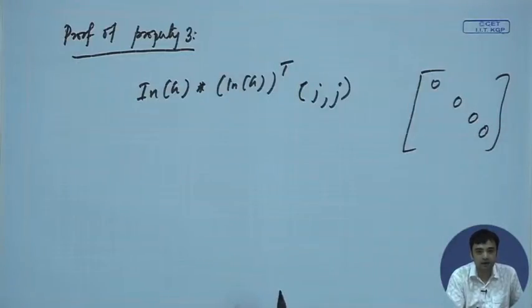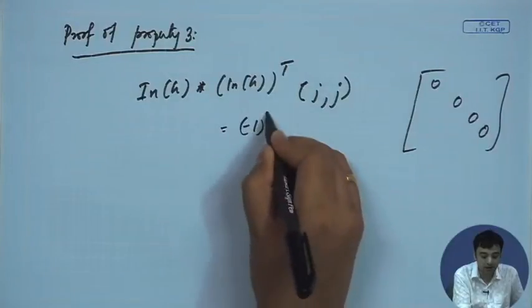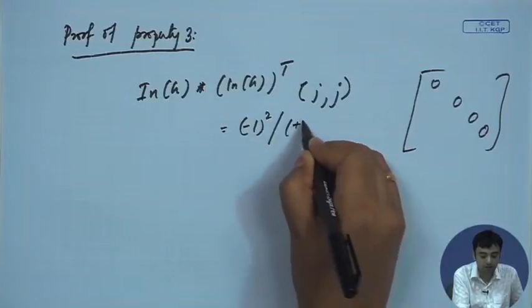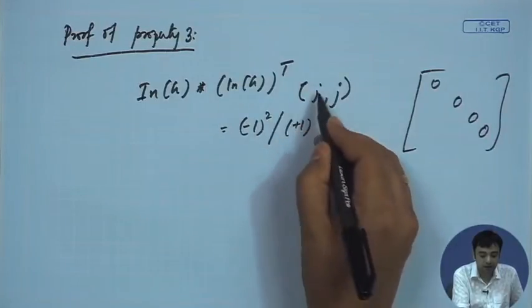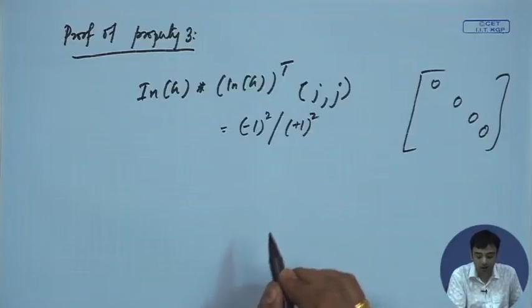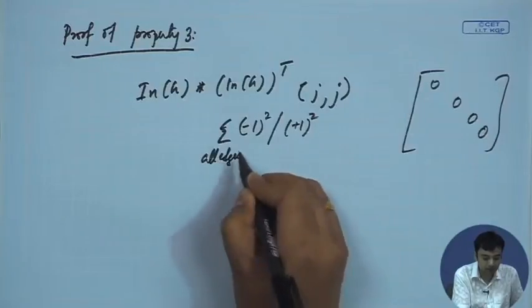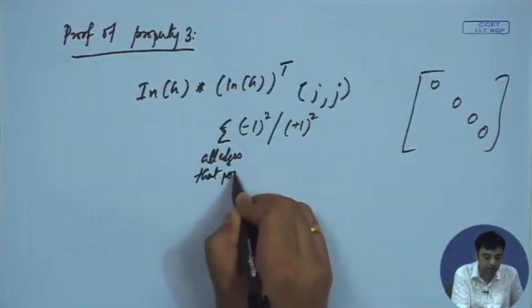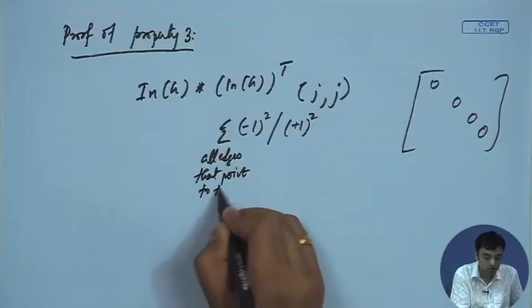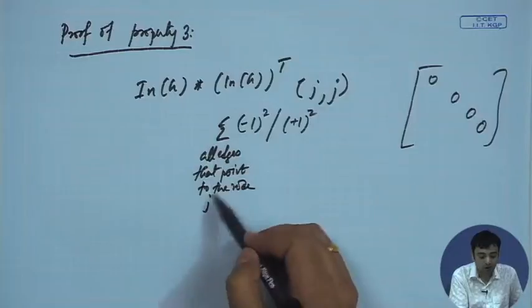Now, the diagonal values in this particular product will be nothing but -1 squared or +1 squared, depending on whether j was assigned a -1 or a +1. It is either -1 squared or +1 squared, and this will sum over all edges that point to node j.